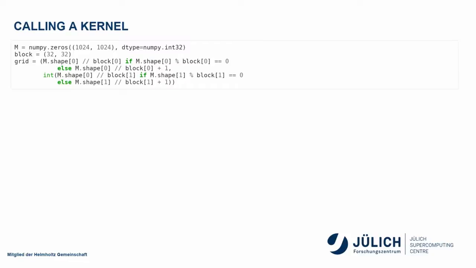And I just decided to use a 32 by 32 thread block. This is a rather explicit way of calculating the grid that I need. So I'm taking my total shape and dividing it by the block size here in x. And I say if it's not evenly divisible, I take one extra one.